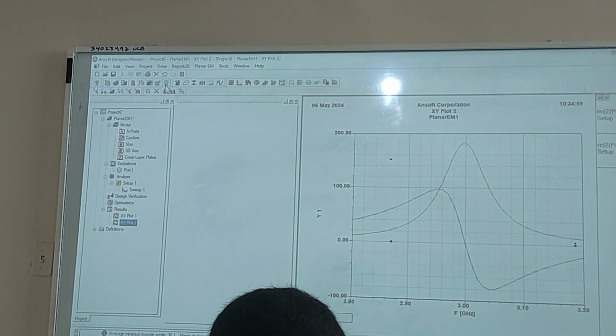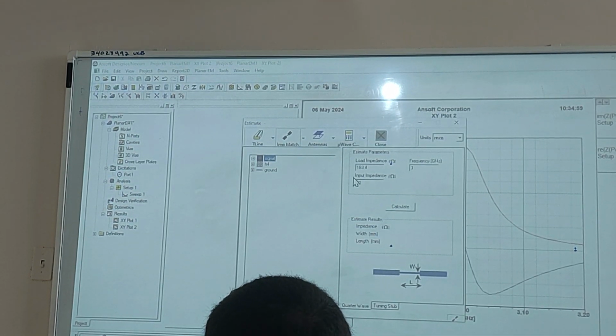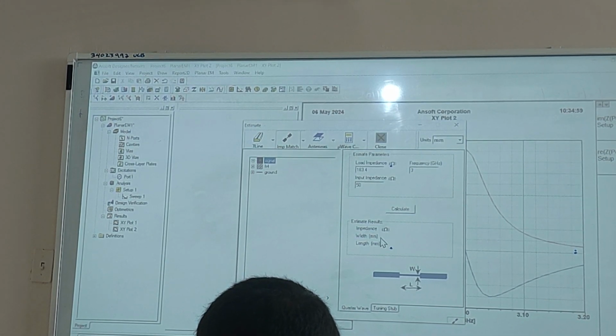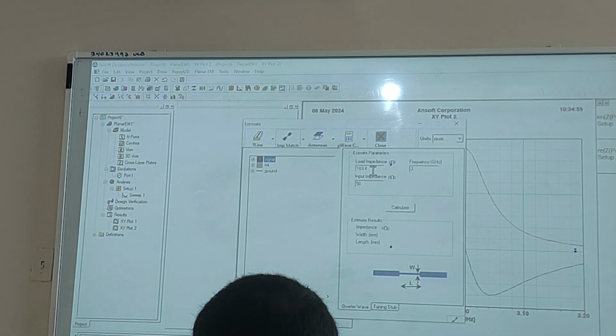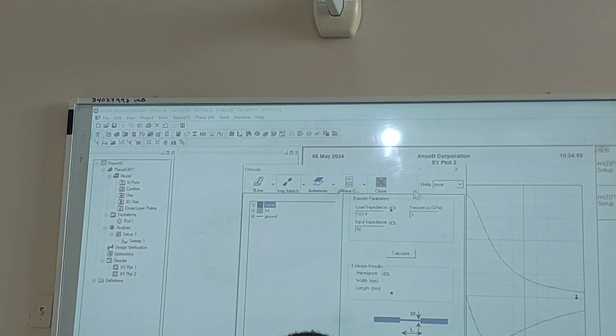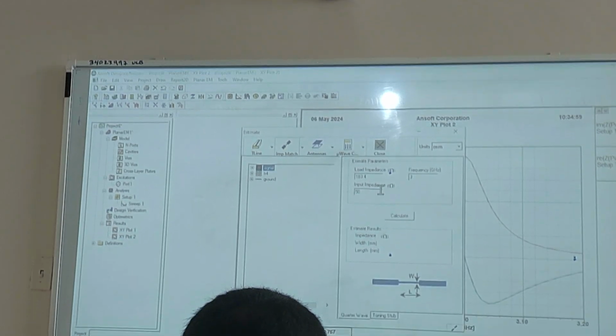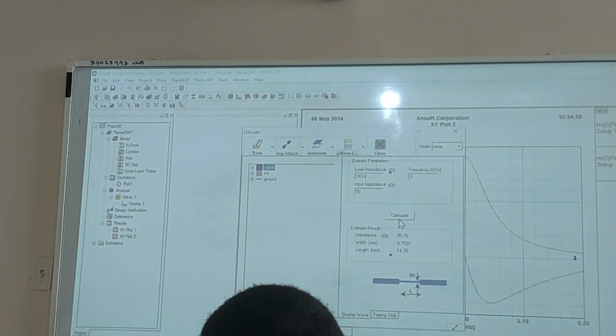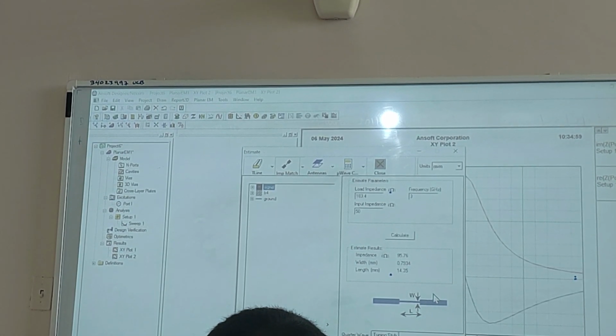We go to the calculator, we go to input matching. In input matching, we put a lower impedance that is real one. We put the frequency that we work, the input impedance, and we calculate. And the solution is this one.